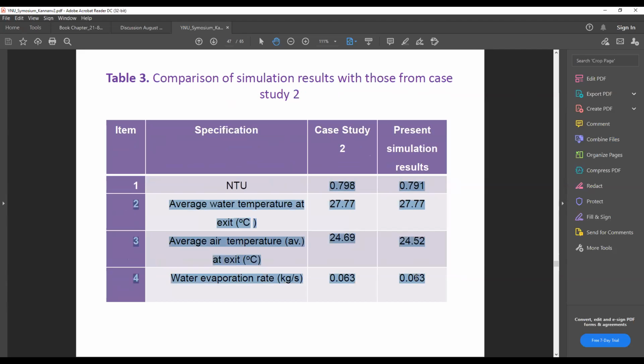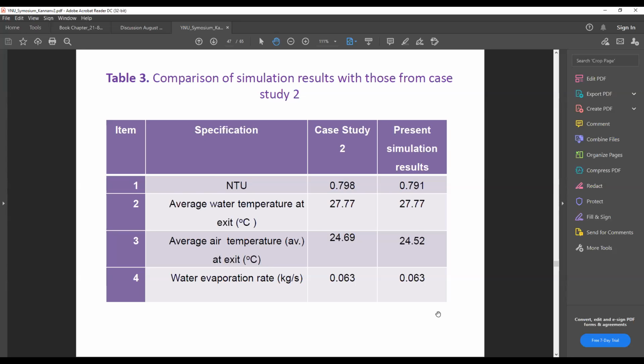Again, we found that there was a very good match between the simulation results and the published results in the literature, especially the NTU was pretty close for a similar cooling tower problem.